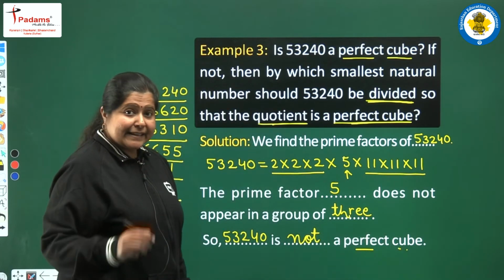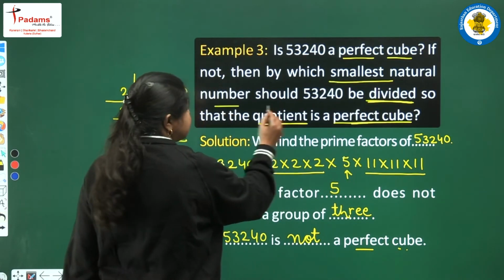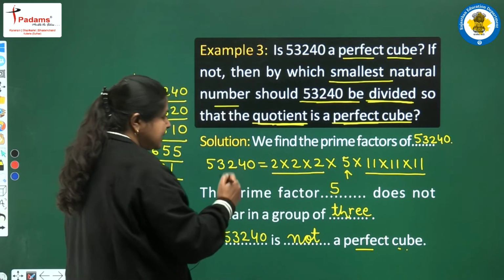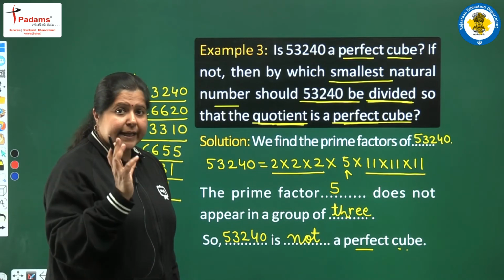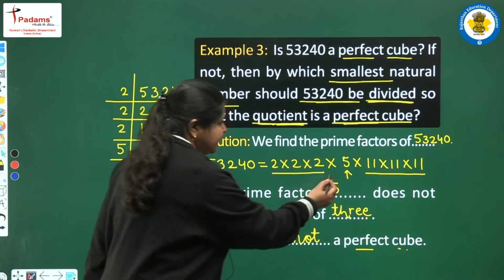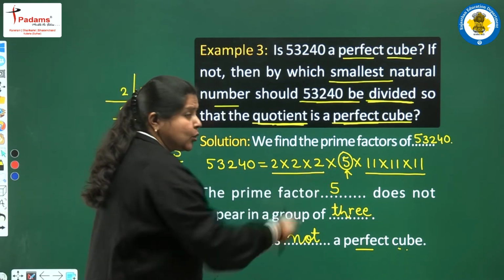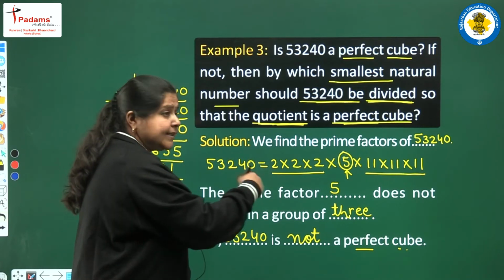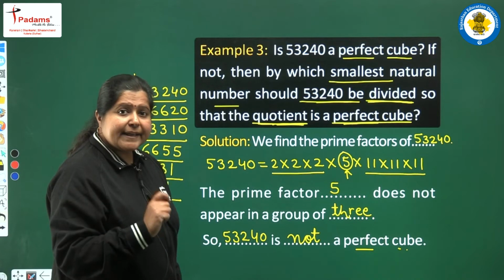I hope it is clear. Next we will solve the second part. By which smallest number should this be divided so that the quotient is a perfect cube? अब इस नंबर को किससे डिवाइड करें जिससे एक परफेक्ट क्यूब मिल जाए, जो रिजल्ट आएगा, क्वोशिएंट आएगा डिवीजन के बाद, वो एक परफेक्ट क्यूब हो. तो यहाँ आप देखिए ये जो 5 है ये एक एक्स्ट्रा नंबर है. अगर हम इस पूरे एक्सप्रेशन को 5 से डिवाइड कर दें तो 5 से 5 कैंसिल हो जाएगा, 5 यहाँ से रिमूव हो जाएगा, या कह लीजिए 5 will be eliminated, और तब हमें क्या मिलेगा?